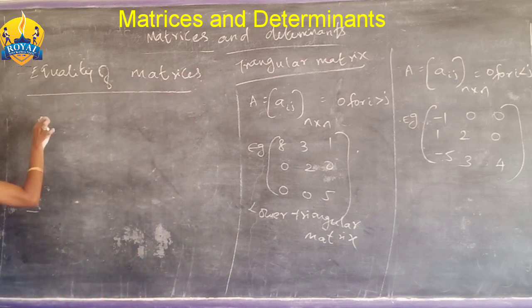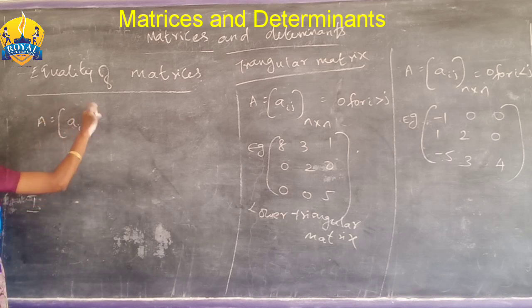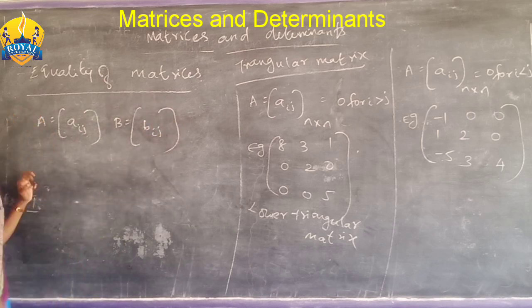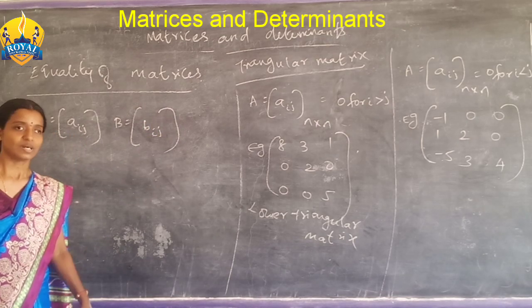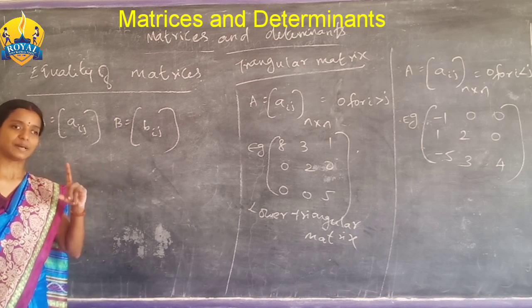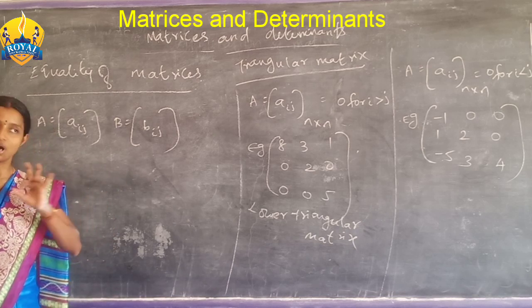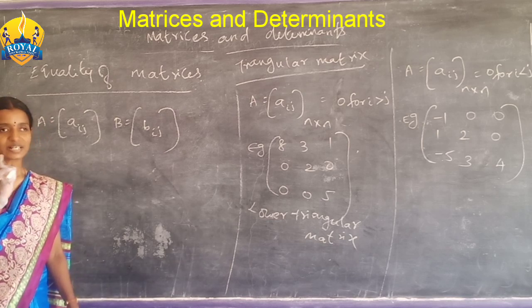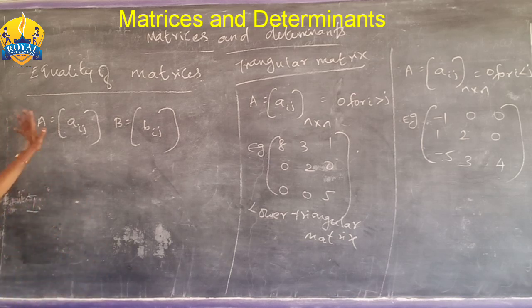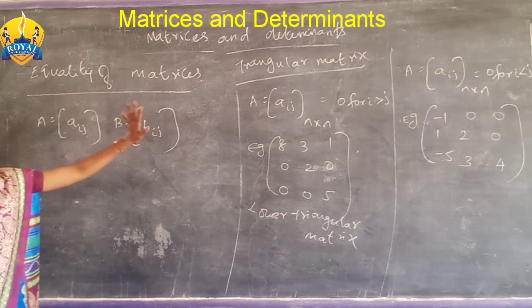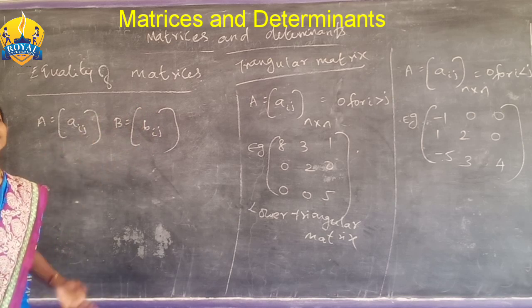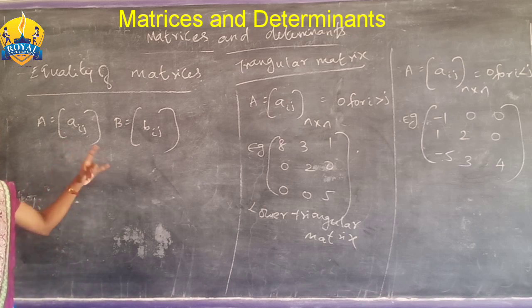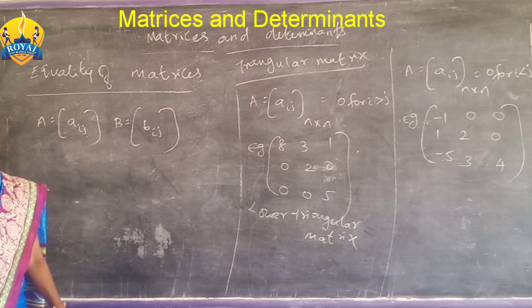Say I have two matrices A equal to Aij and B equal to Bij. When can I say these two matrices are equal? Only if both A and B are of the same order, and the second condition is that the corresponding entries of A should be equal to the corresponding entries of B. Both the matrices should have equal entries as well as be of the same order.